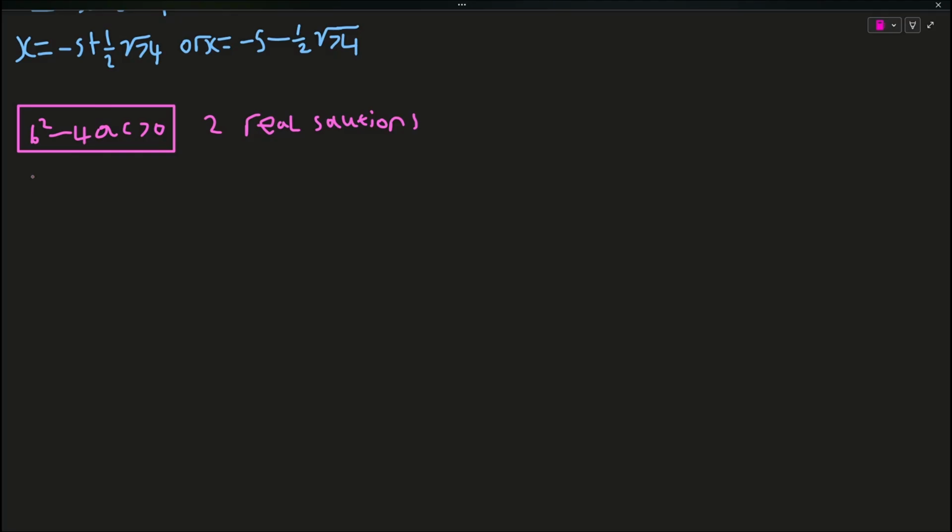So now we're going to look at another example where there's no real solutions, right? So we have 2x squared plus 7x plus 13.